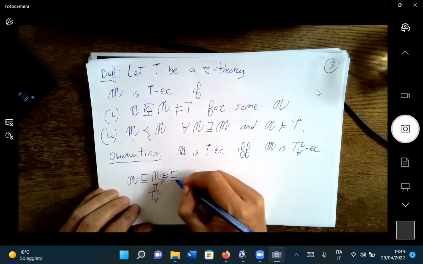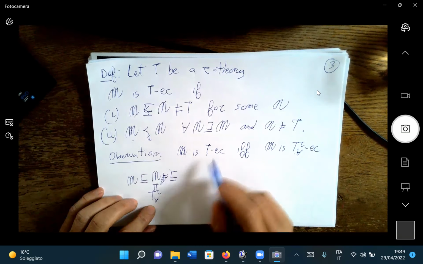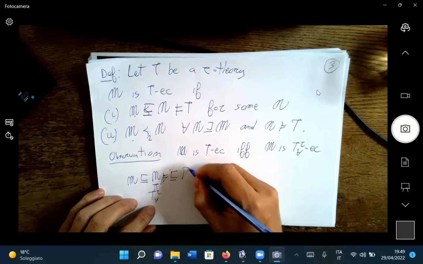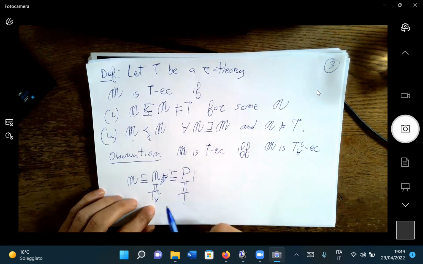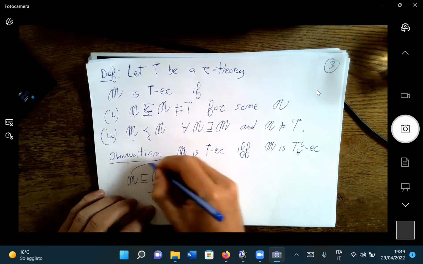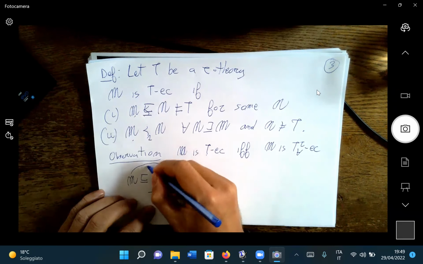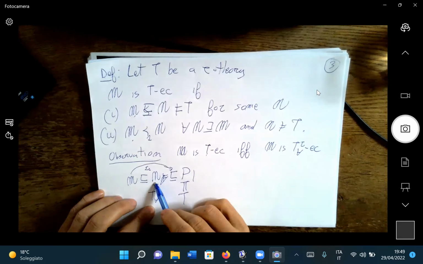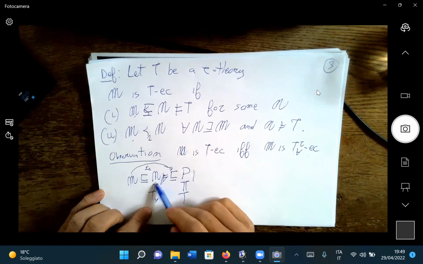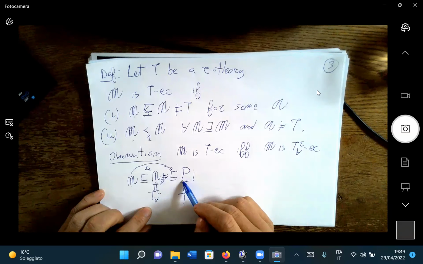Well, since T for all tau is the same universal fragment of T, you can get, by the previous fact, the P which models T and is a superstructure of N, because T and T for all tau have the same universal fragment. And now you apply the definition, and here you get sigma 1 elementarity, which means that if you have a sigma 1 formula with parameters in M which is true in N, well, the witness in N remains a witness in P of the truth of the quantifier-free formula.